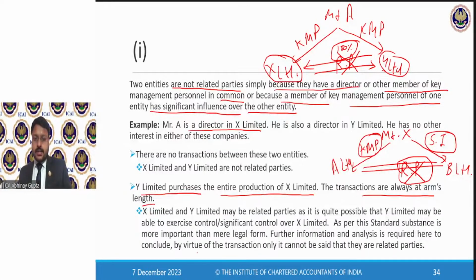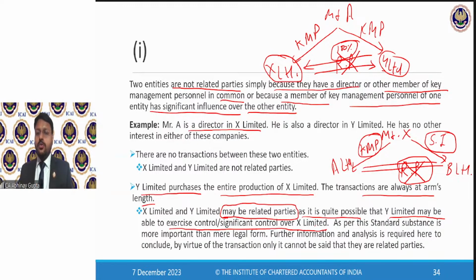The standard says X Limited and Y Limited may be related parties, as it is quite possible that Y Limited may be able to exercise control or significant influence over X Limited by virtue of being the sole customer of the entity.